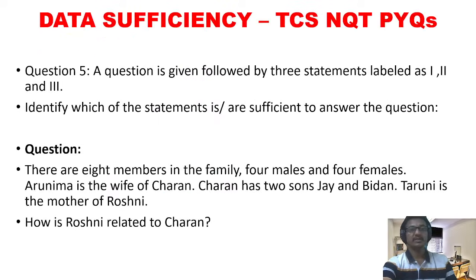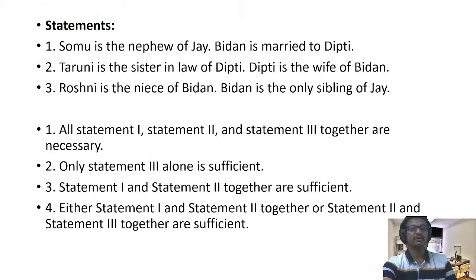So this is another question. The same family relation kind of questions will be asked. You can work out all such data sufficiency questions from TCS NQT previous papers, find them and try to get the solution.